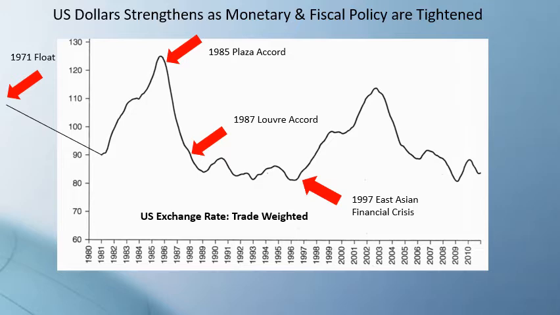So these accords worked, and they managed the global balance of payments, balance of trade, by managing the exchange rates of the G5 for 10 years, right? They kept deficits and surpluses reasonably small, and managed this for 10 years.